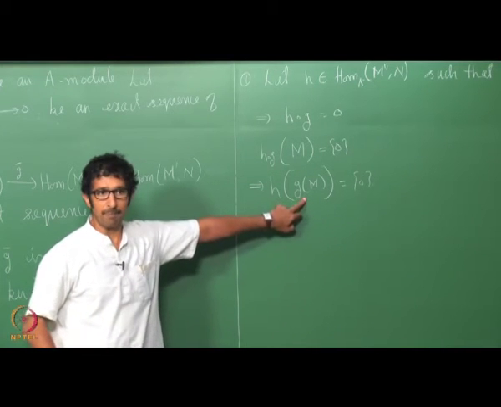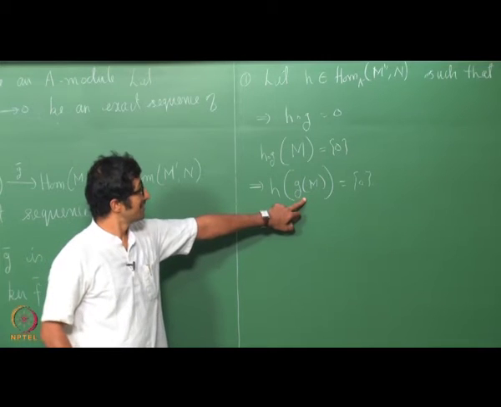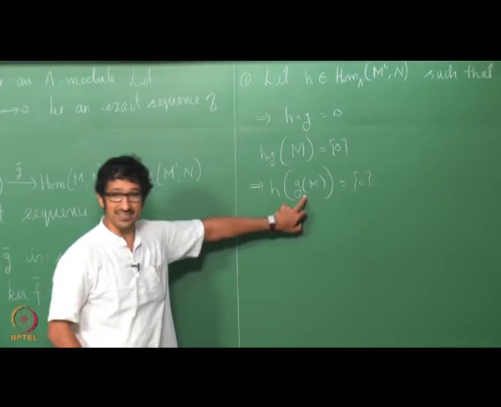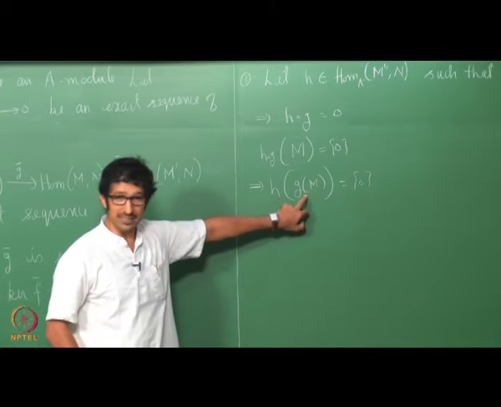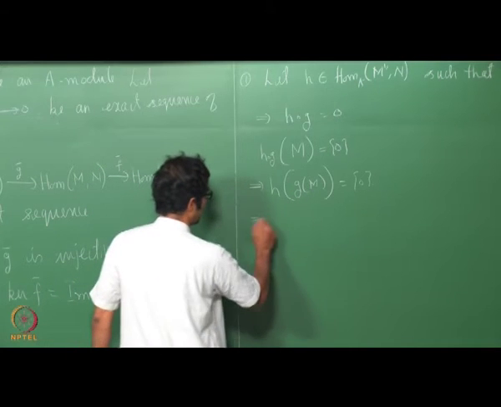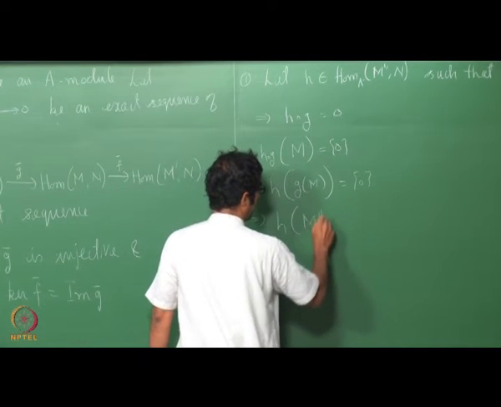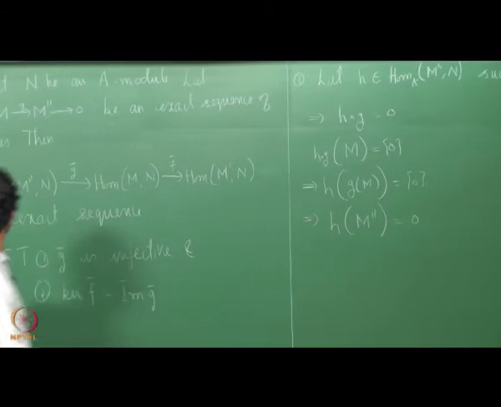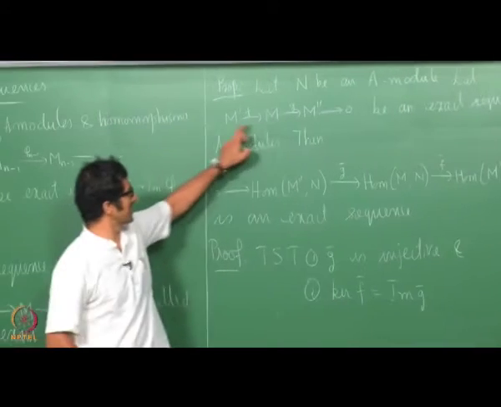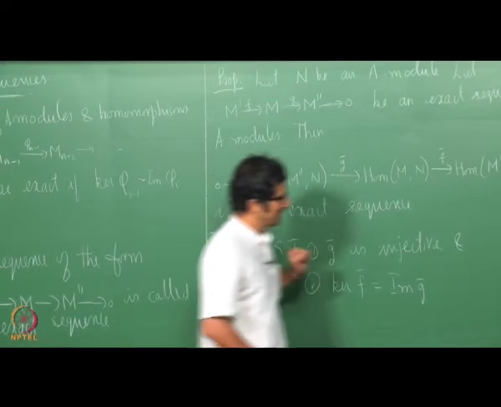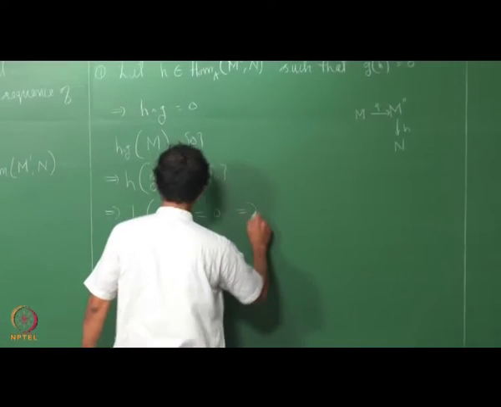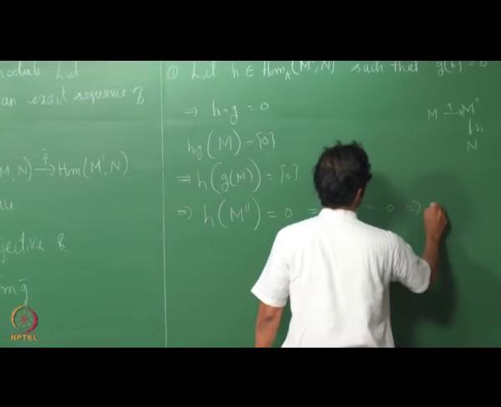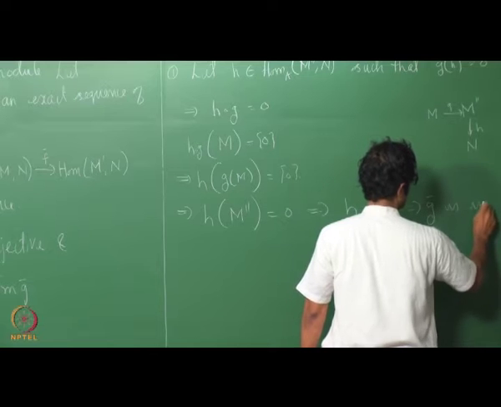But what is g(M)? g is surjective. Therefore, g(M) is M double prime. This implies that h of M double prime is 0. Okay. So, this says that h is 0. That says that g bar is injective.